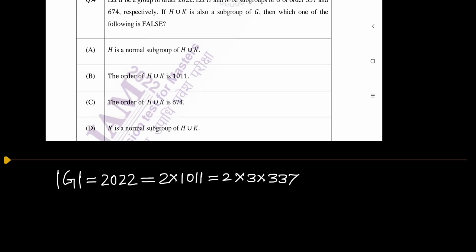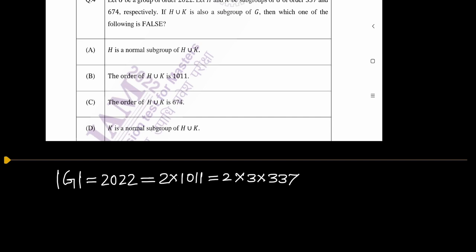And one more thing, in the question we have K, the order of K. Okay, we will deal with this one later.